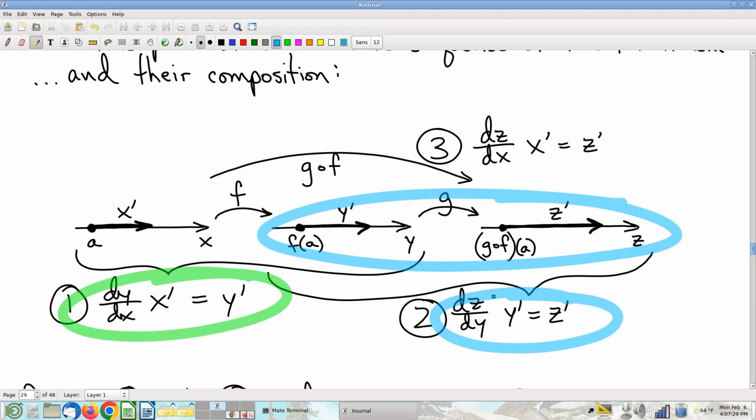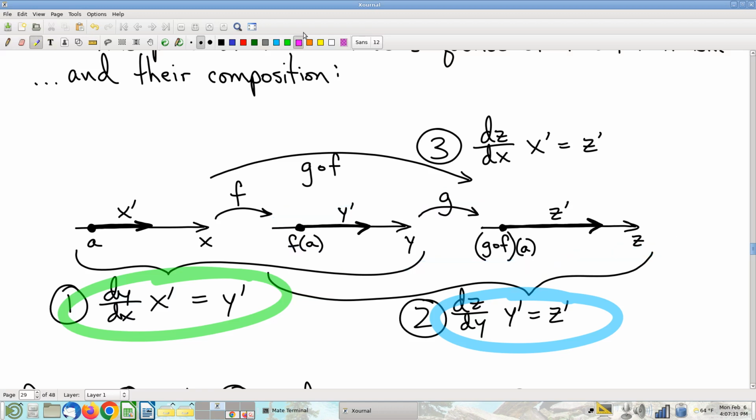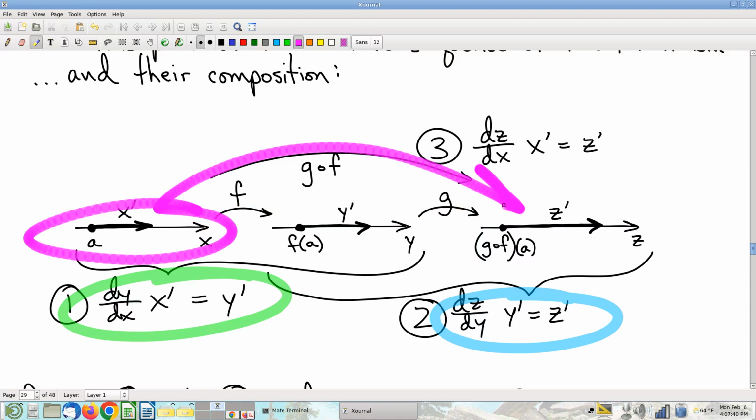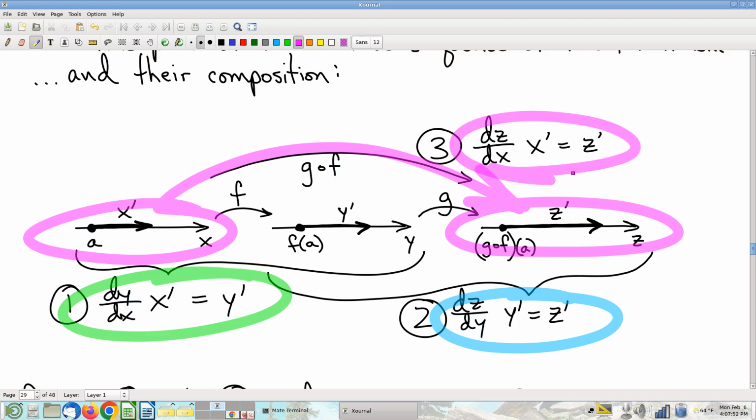So, same deal. And then likewise, the composition. Now keep in mind, if you have a function that then feeds into another function, all together, z viewed as a composition function of x, same deal. We have an input, we have an output, and I can talk about input velocity and output velocity being related by the derivative.